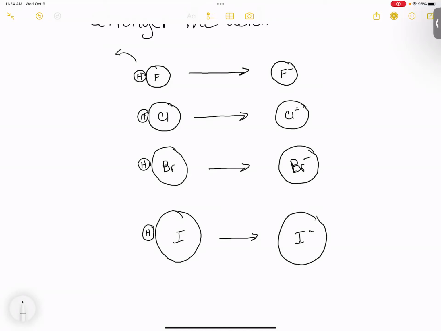So because it really doesn't know it has that electron charge, it's easier for that hydrogen to pop off. So when you're looking at a binary acid, as you go down a group, because the non-metal atom size increases, so does the acid strength.